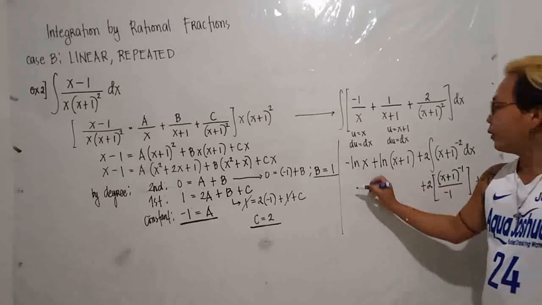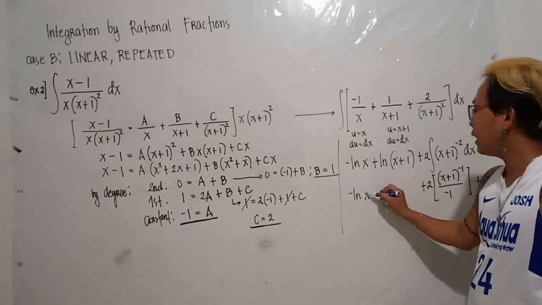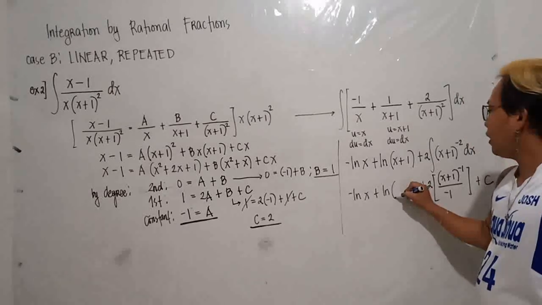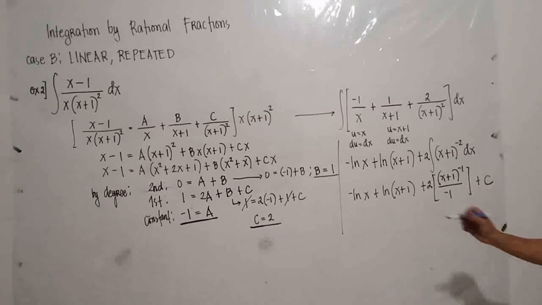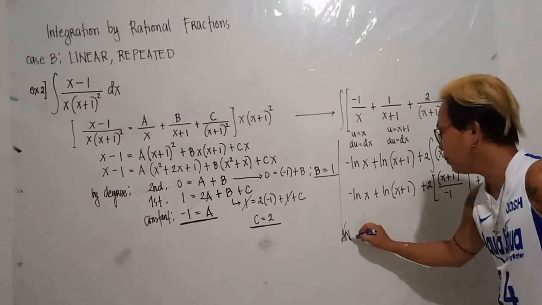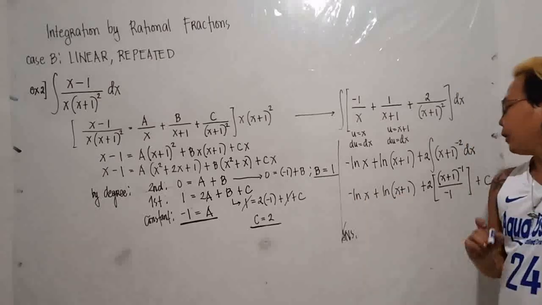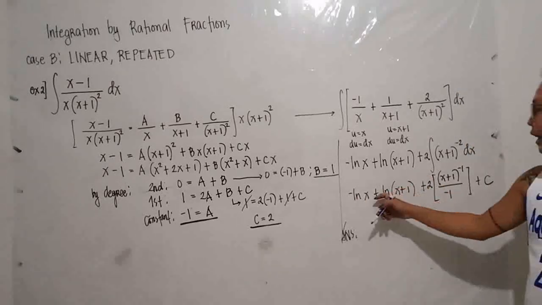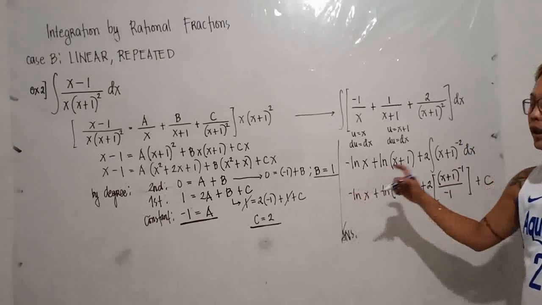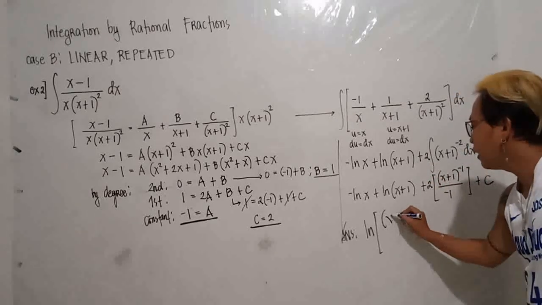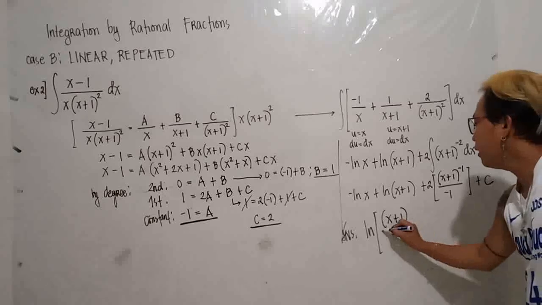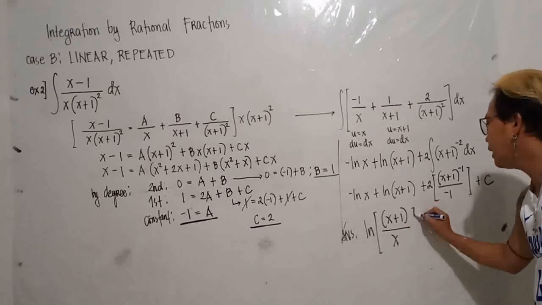Then copy these two, that's negative ln of x plus ln of x plus 1. Now simplifying this equation for your final answer, this is both ln, pwede natin pagsamahin. The positive is the numerator and the negative is the denominator. So you will now have ln of x plus 1 over x.